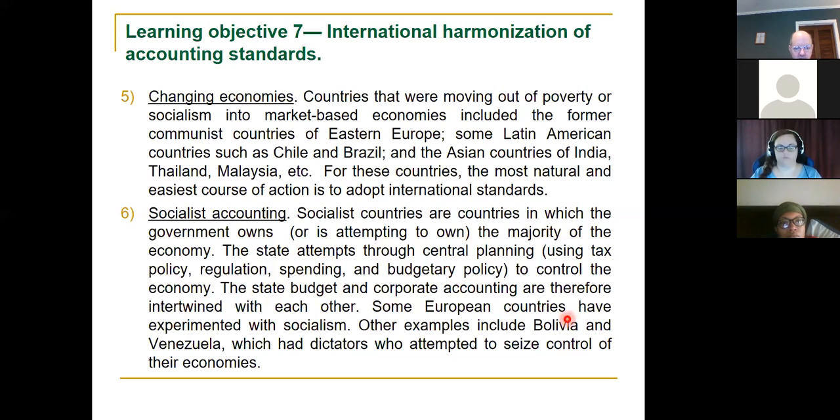The state budget and corporate accounting are therefore intertwined with each other. Some European countries have experimented with socialism. New Zealand tried it for a while. They all moved away from it, finding it didn't work. Other examples include Bolivia and Venezuela, which had dictators who attempted to seize control of their economies.